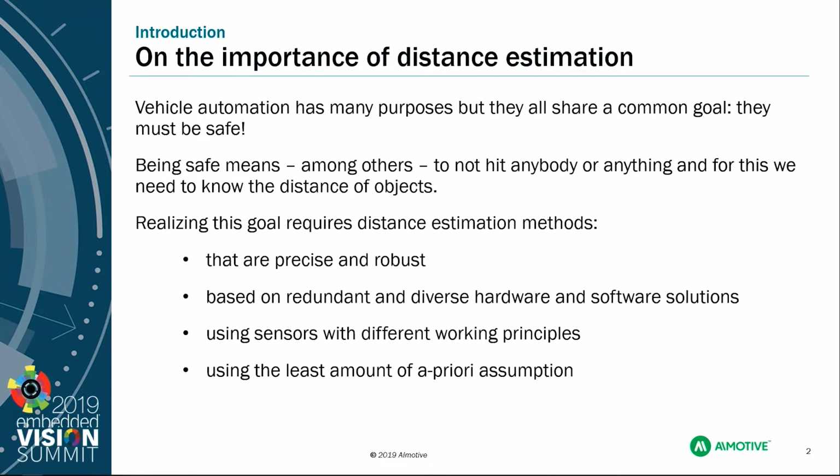The whole purpose of automation is really to replace the human and not to replicate it. Sometimes there are interesting discussions and developments that try to mimic human behavior and copy it, which is, in one part, very interesting because we can definitely learn a lot from human behavior and human driving.